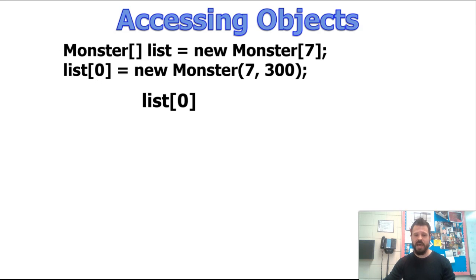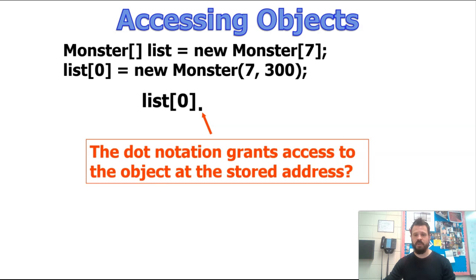Well, the way we're going to do that is with our dot notation, which is nothing new. It's something we've used a lot on our string objects, such as dot substring, dot length. The dot notation grants access to the object at the stored address.